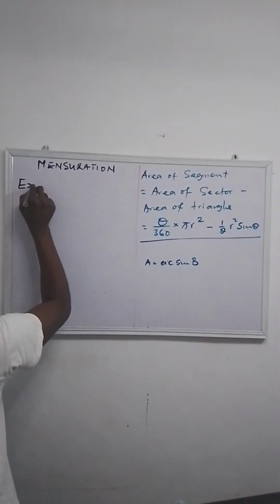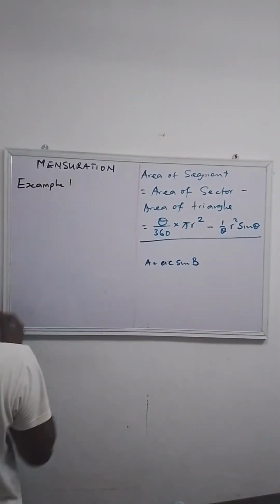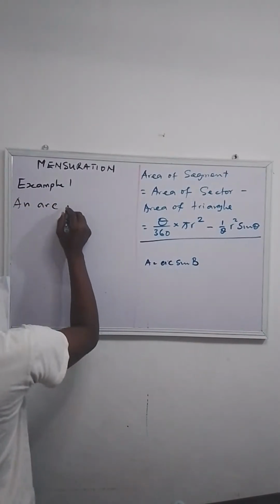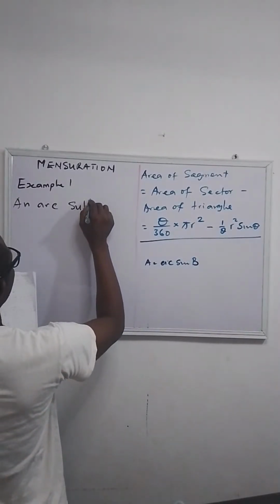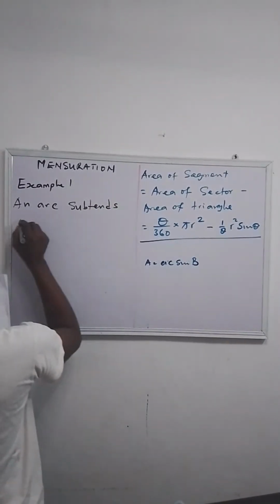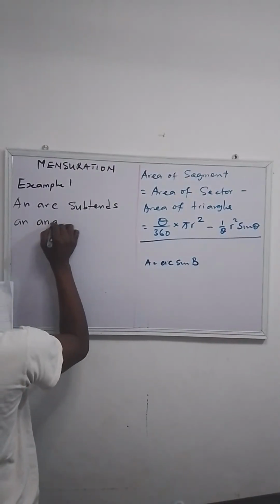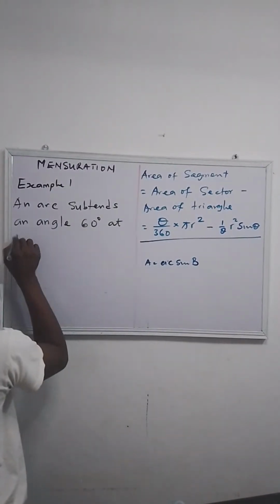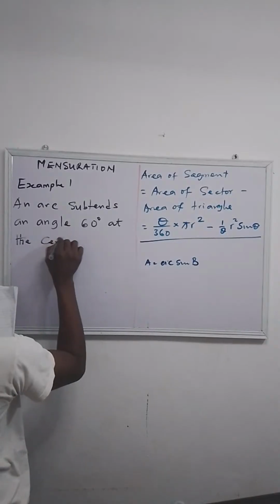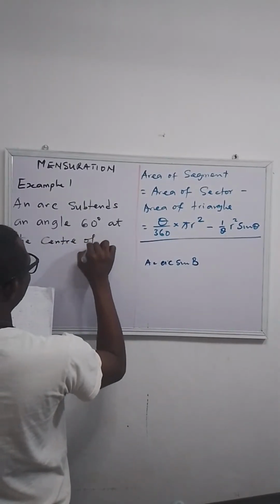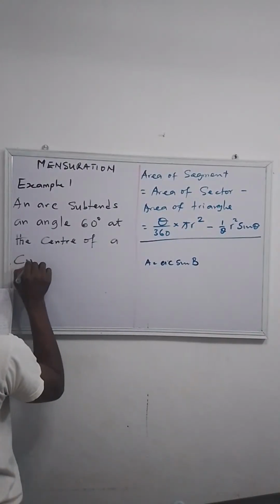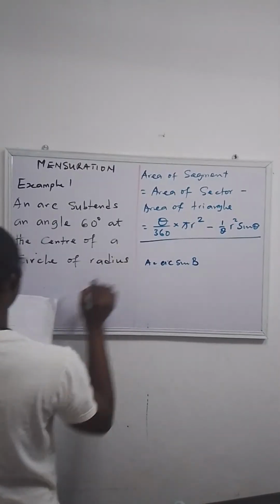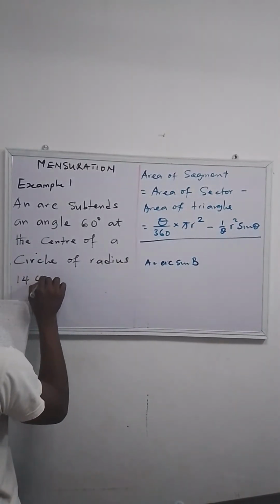Example 1. An arc subtends an angle of 60 degrees at the center of a circle of radius 14 centimeters.